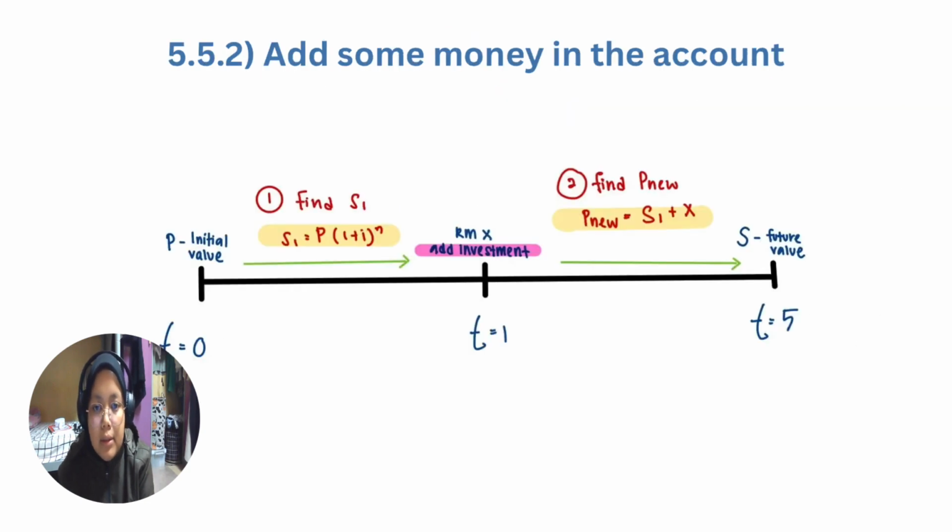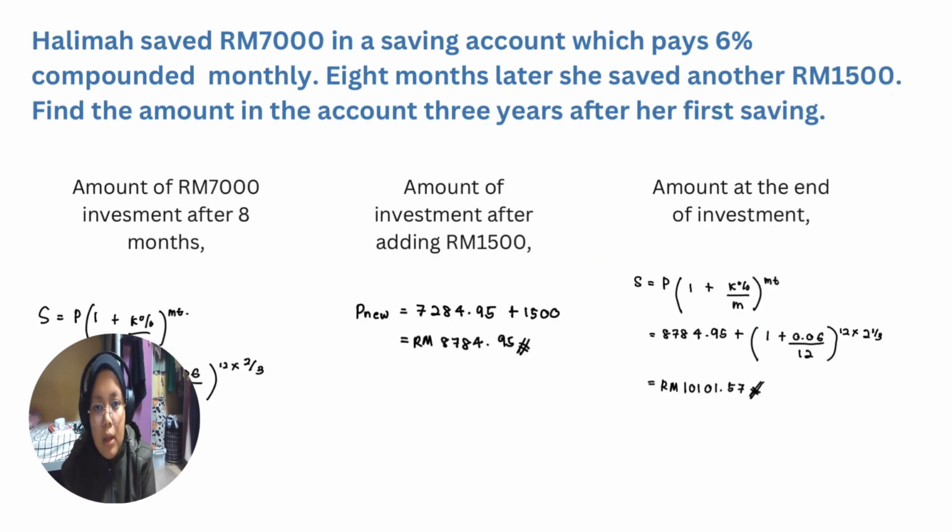And for the second case, if you want to add some money in your bank account. For the example question, Halima saved 7,000 in the saving account, which pays 6% compounded monthly. 8 months later, she saved another 1,500. Find the amount in the account 3 years after her first saving.